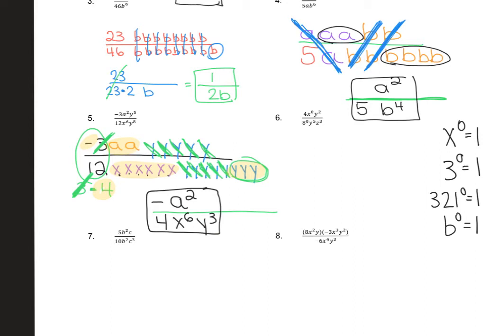So really, if we look at number 6, this x to the 0 that's in there, we can cross out, and 8 to the 0 we can also cross out, because they're not going to change the value of our problem, because that piece is equal to 1, and 1 does not change the value of our problem.